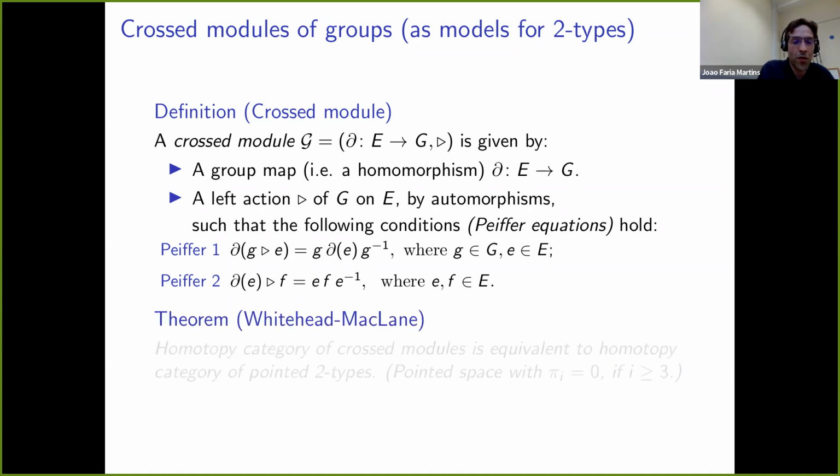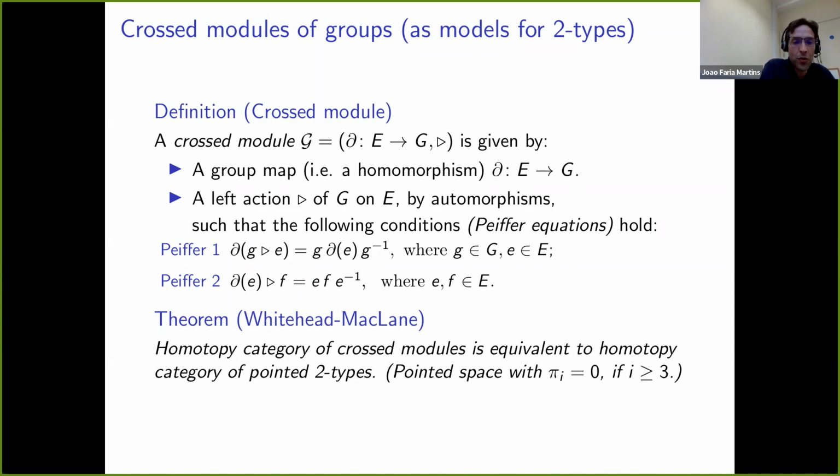And there's this old theorem by Whitehead and Mac Lane that says that the homotopy category of crossed modules is equivalent to the homotopy category of pointed 2-types, pointed spaces whose homotopy groups vanish if i is greater than 2.